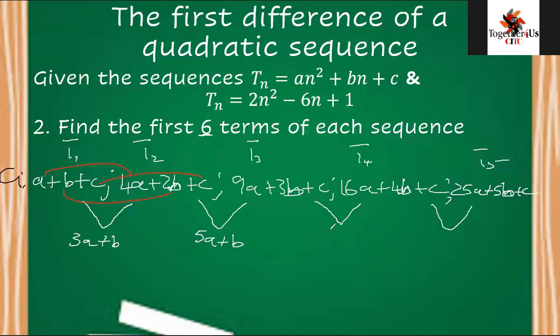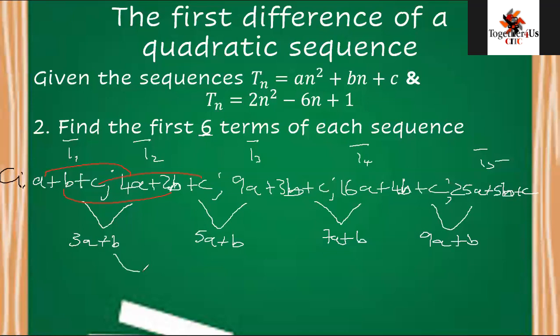This will give us 7a, and then 4b minus 3b is just b. The c's take care of each other, and then again we come to 25 minus 16. This is 9a, and you will see there's some pattern here with the b's, that you will always be left with b, not 2b, 3b, anything.